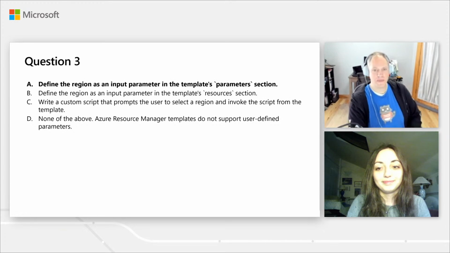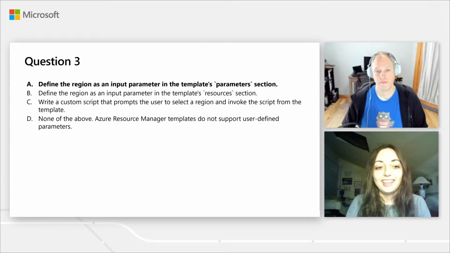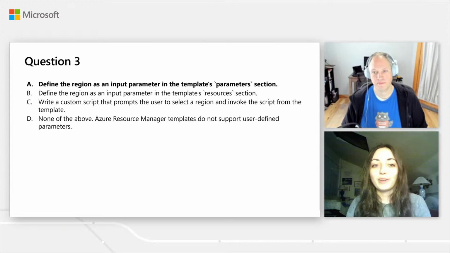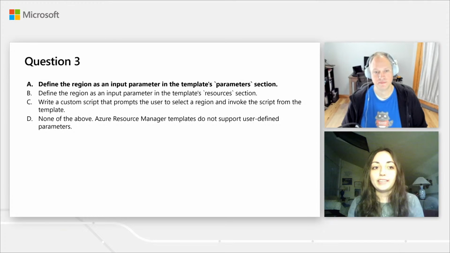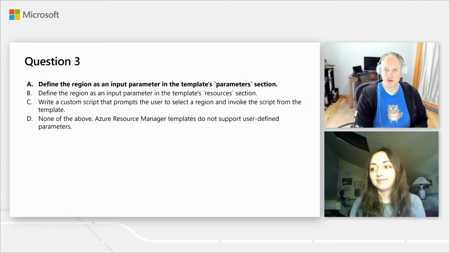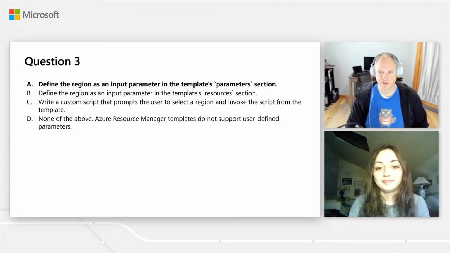How about A, where we define the region as an input parameter in the template's parameters section? Yeah, I think that this is the correct answer because the parameters section enables you to define parameters that the user provides when the template is executed. All right, just checking back in on the poll in chat, and we've got a split.